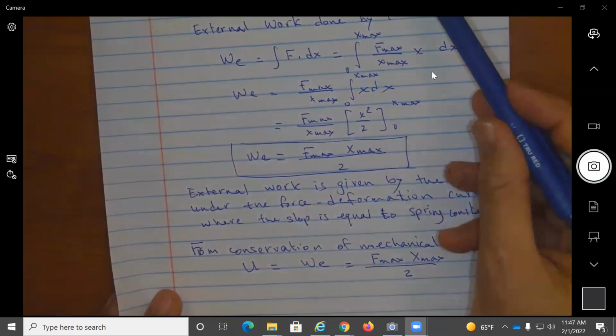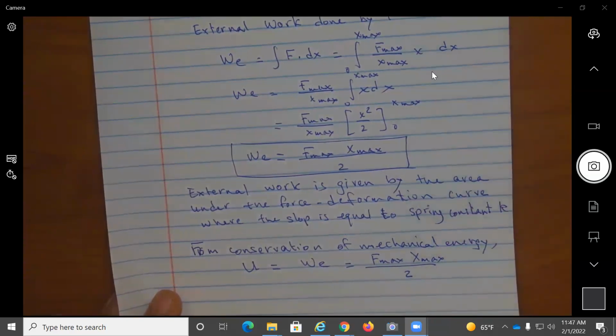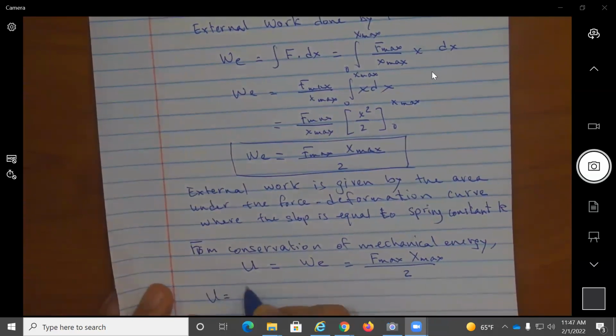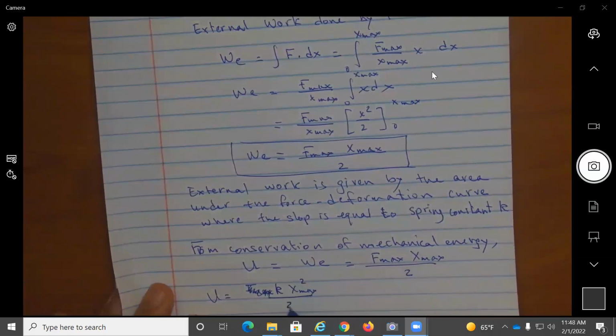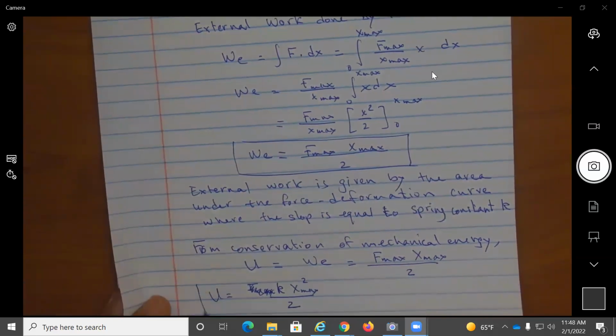Now F max is equal to K times X max. So I can say U is equal to F max, and for F max I'm going to substitute K X max, and I have here an X max. So that is going to be K X max squared over 2. We'll take this as our strain energy.